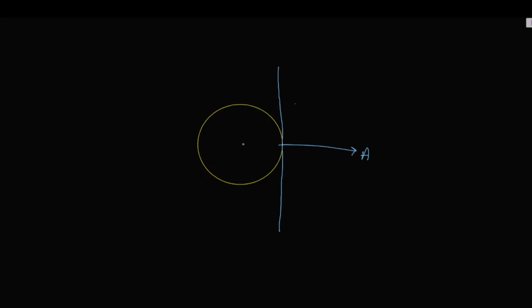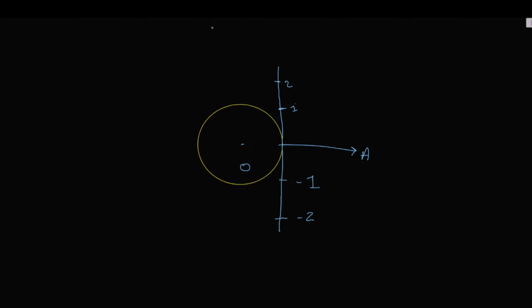This is point A, and this is the center of the circle, which is O. Now, in the real number line, this will be -1 and -2.